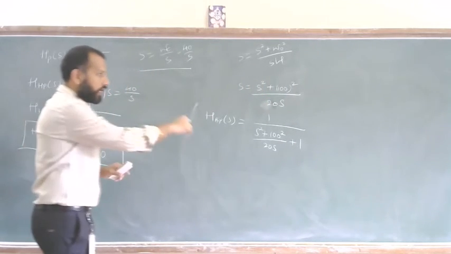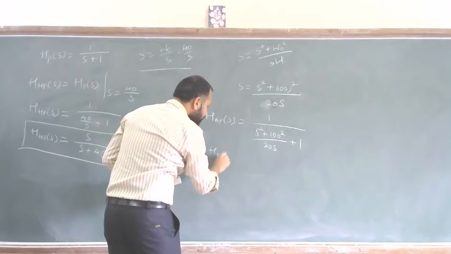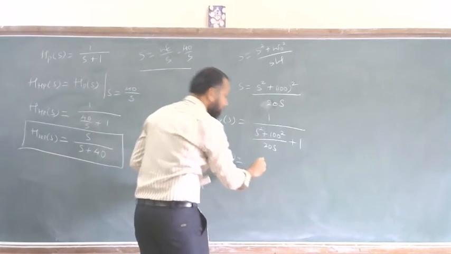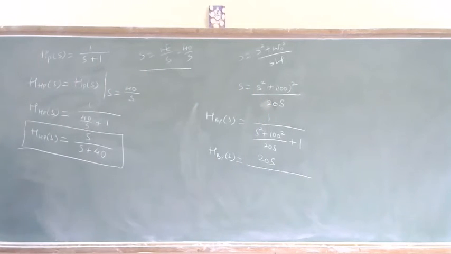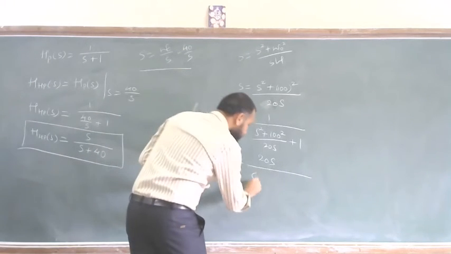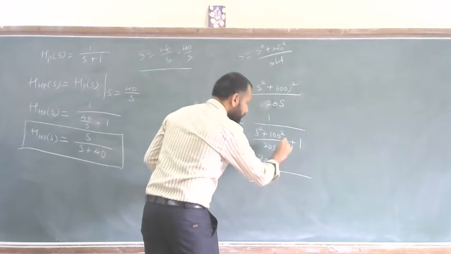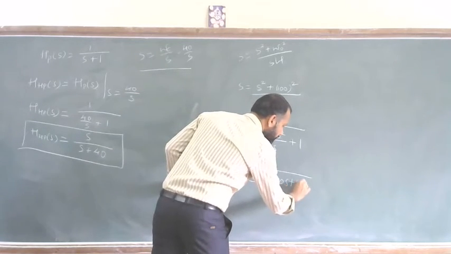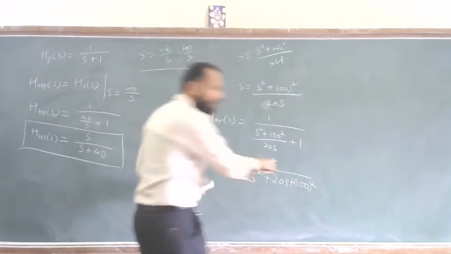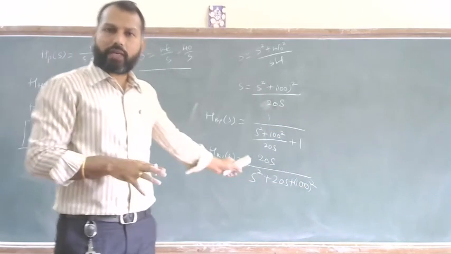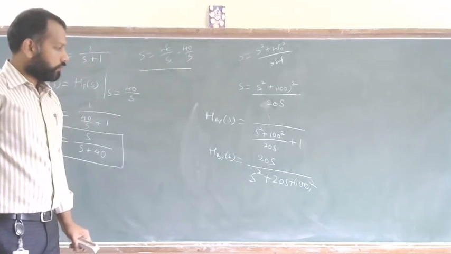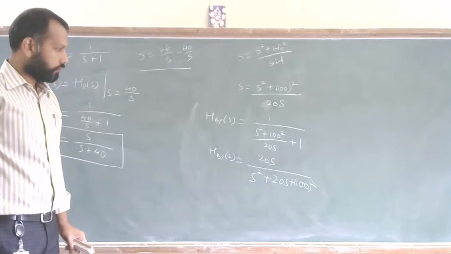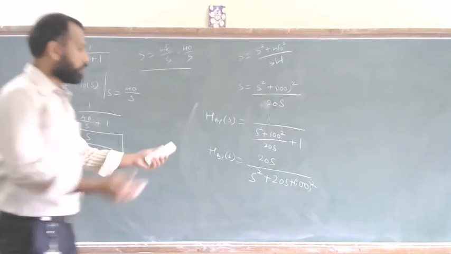If you rearrange these terms, the band pass filter system function will be 20S divided by S square plus 20S plus 100 square. Instead of writing what that 100 square value is, we'll keep it as it is, or else you can write it as 10,000.